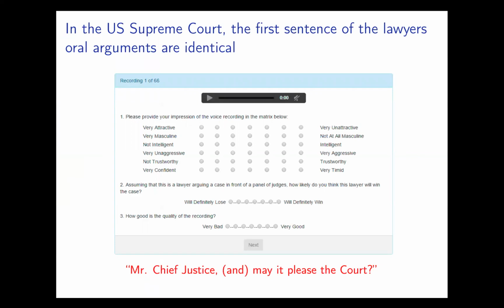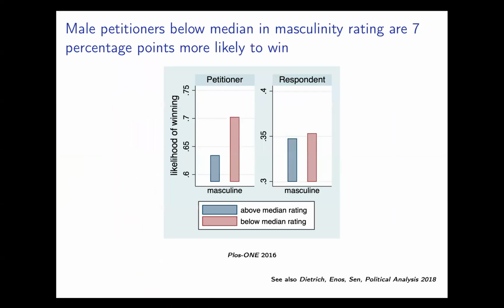So we played these clips for subjects to rate on attractiveness, masculinity, confidence, characteristics that previous research deemed relevant in social settings. And we found that male petitioners below median in masculinity ratings are 7 percentage points more likely to win.